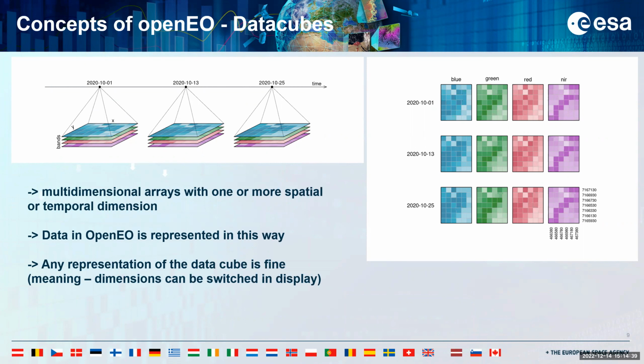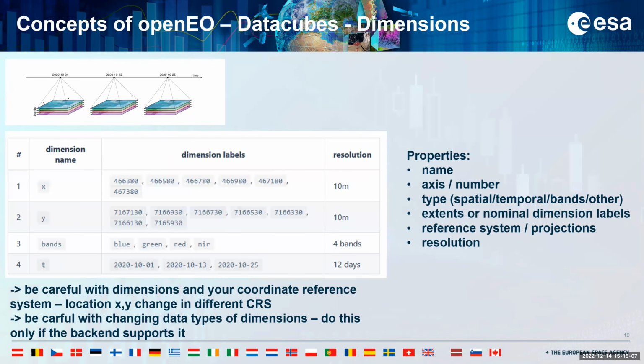So data cubes are multidimensional arrays with one or more spatial or temporal resolution, and in OpenEO basically, any data that is represented is represented in these data cube structures. You can look at a data cube like this, but you can also look at a data cube like this. Exactly, then quickly explained, we have various dimensions in the data sets.